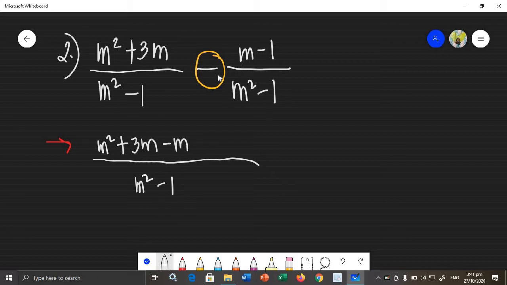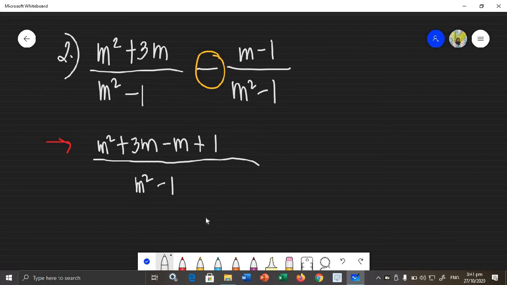Negative times negative 1, the answer is positive 1. That's what I'm saying. If you just copy it, your answer will be minus m minus 1, not knowing that it's wrong, because you should distribute the sign. This should be positive, because negative times negative 1 is positive 1.